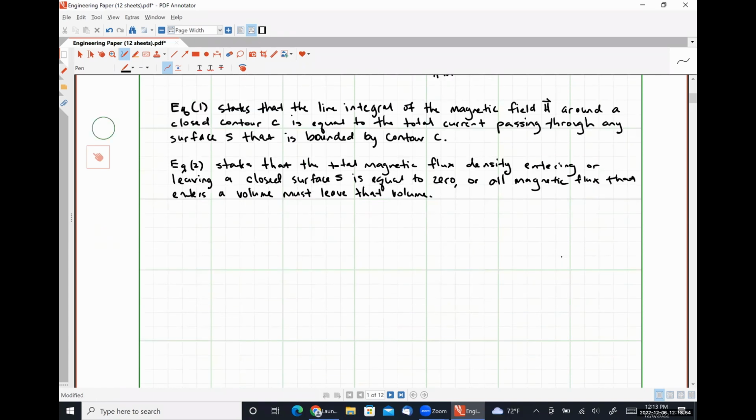The first system that we are going to look at is the magnetic field due to a current carrying wire.